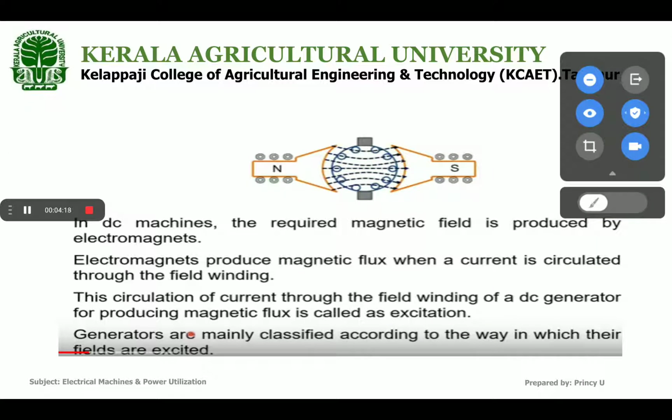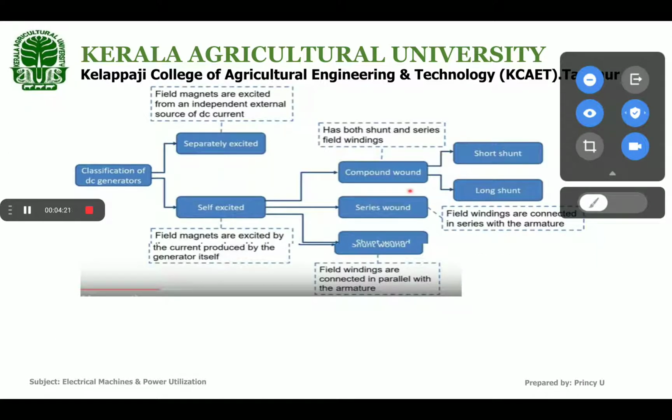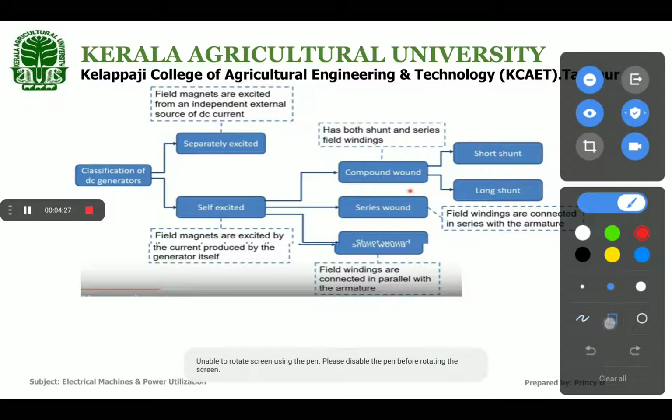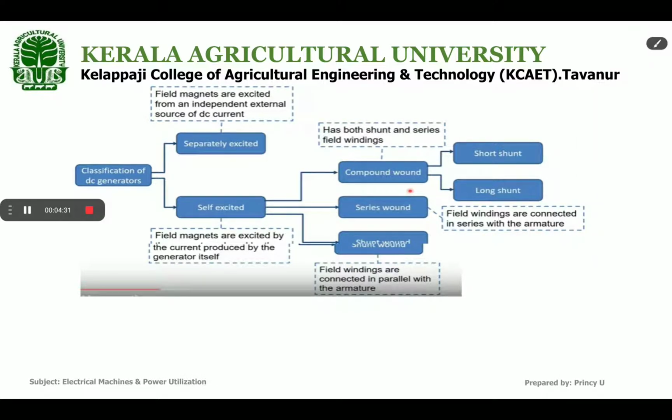Mainly, DC generators are classified into separately excited generators and self-excited generators.